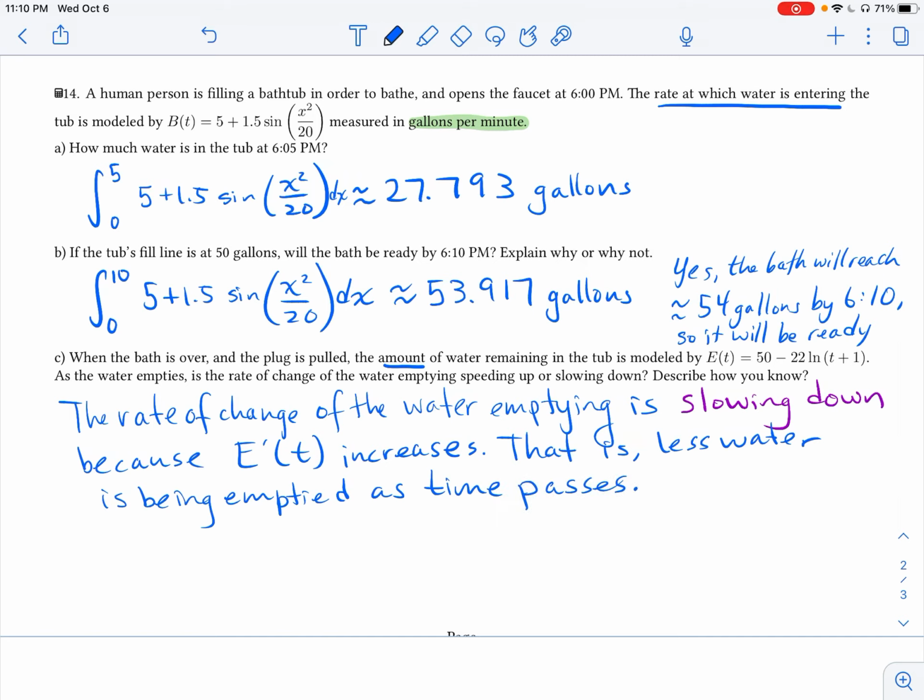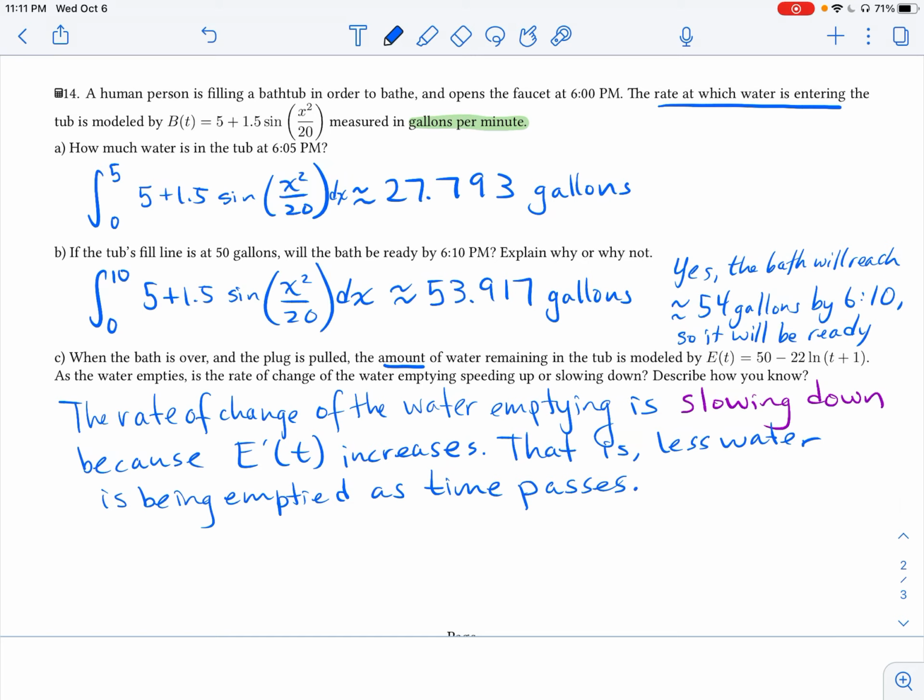Okay? So hopefully that helps with this particular problem, and you're a little bit more comfortable now using your calculator and making sense of the area underneath rate graphs in context to certain word problems.